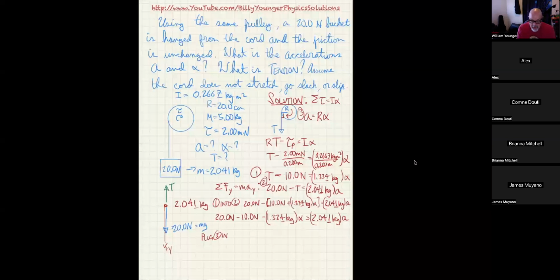That's going to give me, notice the 20 minus the 10 is just going to give me 10. Minus 1.334. I'm going to leave the units off now because we've seen enough how it actually works. This is going to be alpha. And of course, the A is equal to R times alpha.